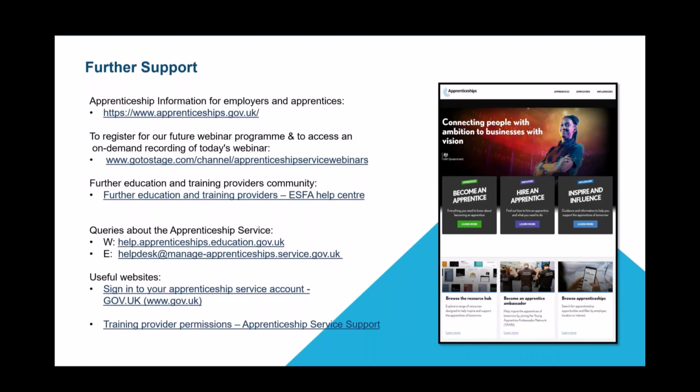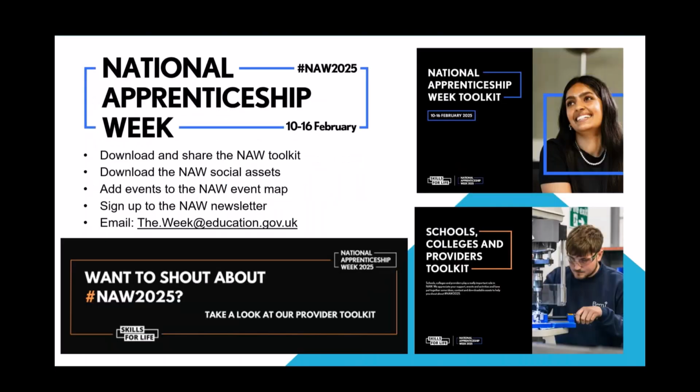Okay, and then finally, if I can, I've been asked to give a quick shout out about National Apprenticeship Week. It's coming up really quickly, taking place from November the 10th to Sunday the 16th of February. The theme for NAW 25 is Skills for Life, and it's supporting our wider Skills for Life campaign.